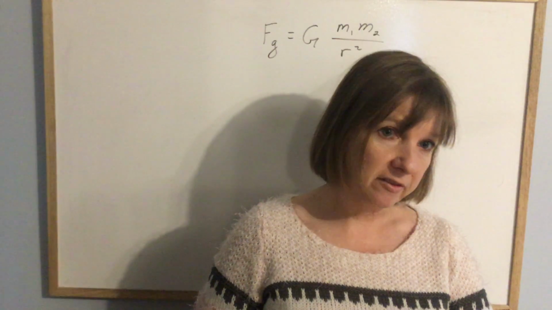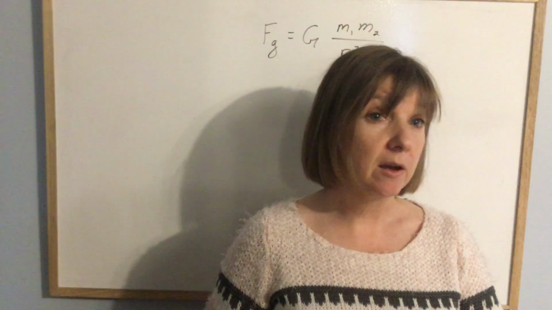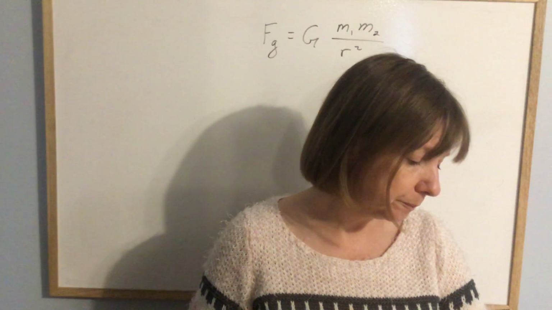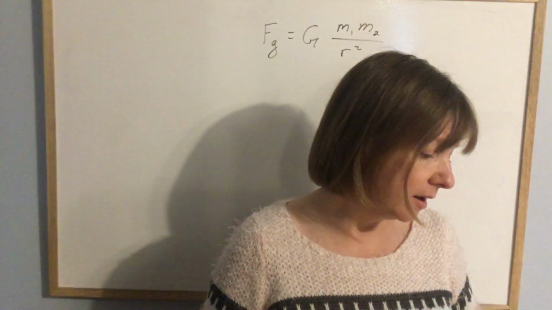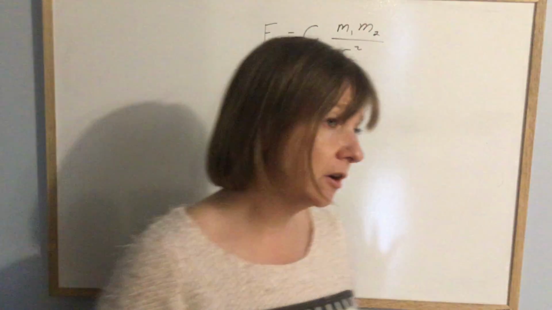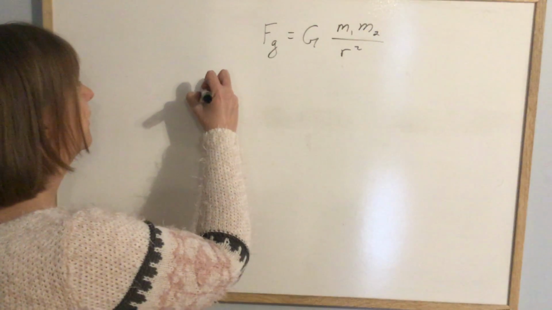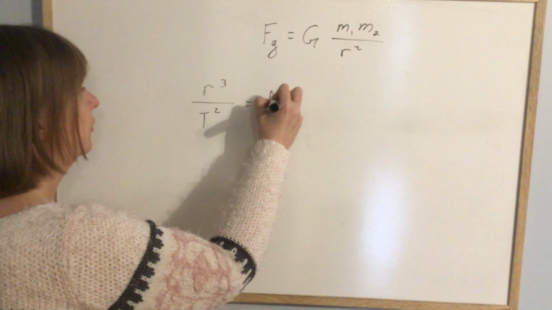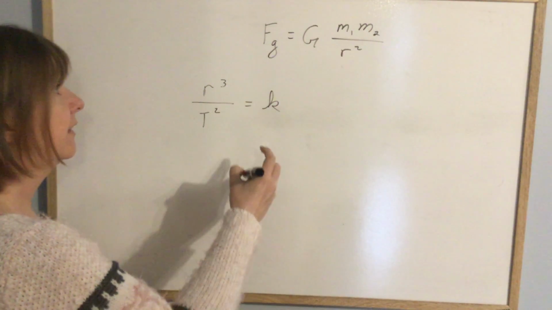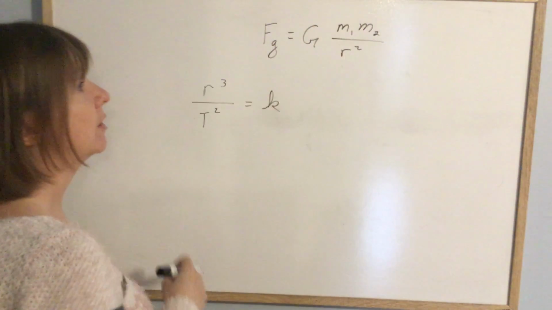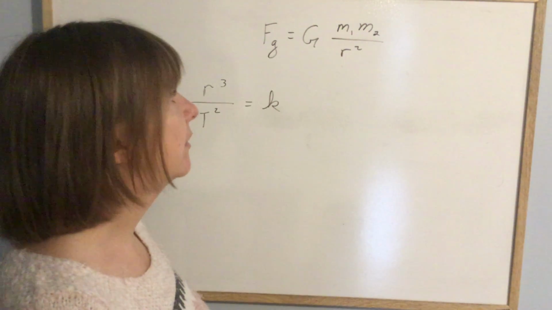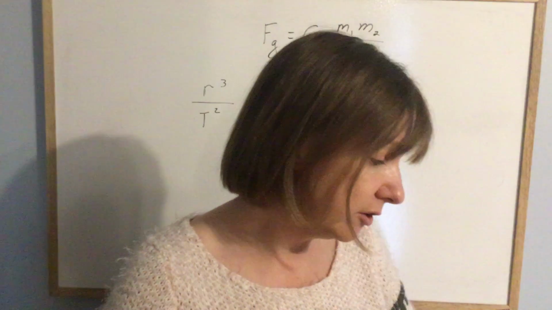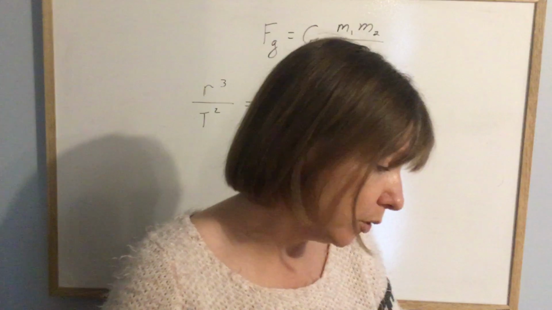He didn't know what that constant was, but he knew it did that. So they took the idea that r cubed over period squared is equal to some constant, and the idea that force of gravity is equal to G times m1 times m2 over r squared.